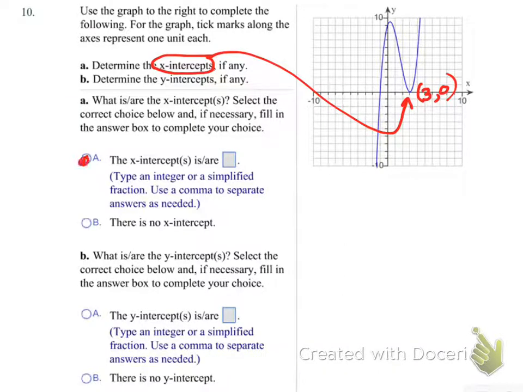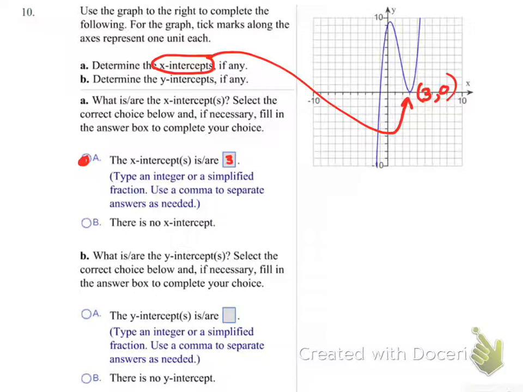Okay, so I'll circle that in, and I am supposed to type an integer or simplified fraction. Use a comma to separate answers as needed. So I'm not asked to type an ordered pair. I would simply put a 3 in there.